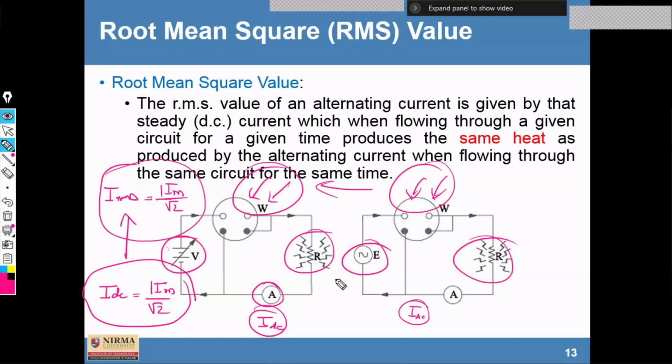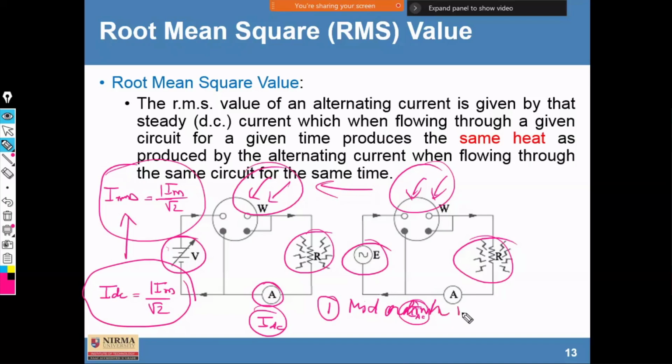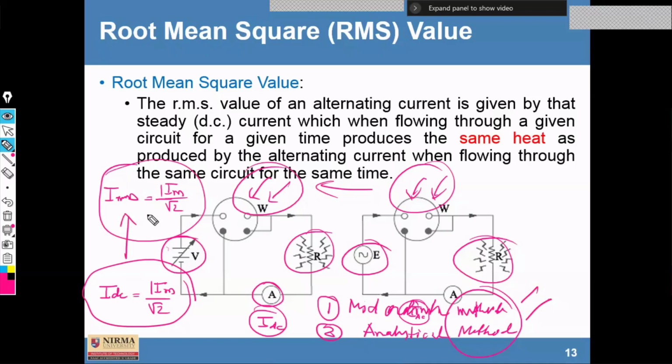One is the mid-ordinate method, and another is the analytical method. So we'll prove this by two different methods, that the value of IRMS is equal to Im by √2, where IRMS is the RMS value of an alternating current and Im is the maximum value of an alternating current.